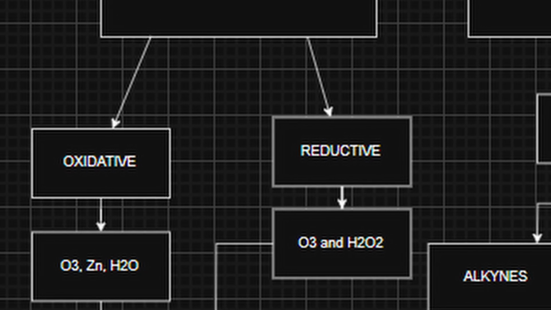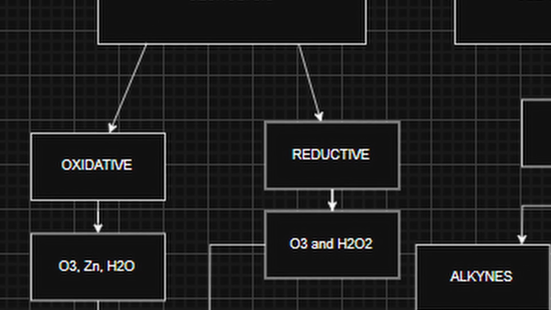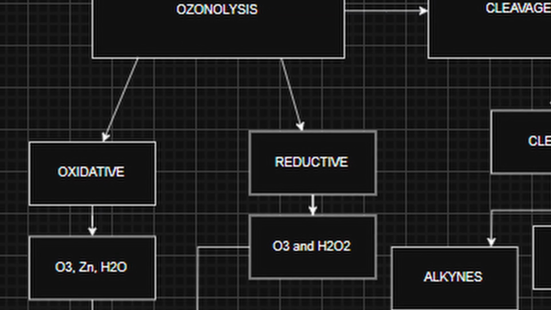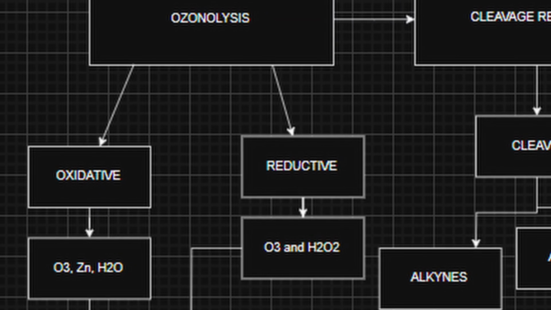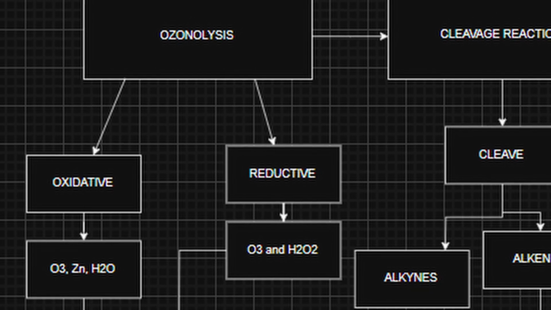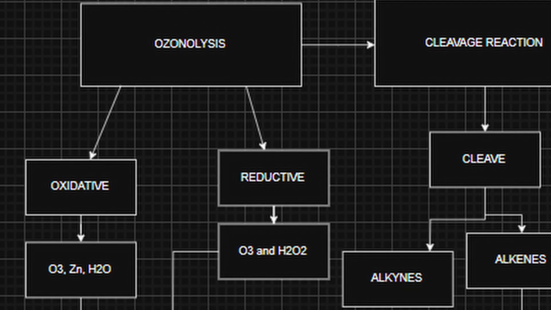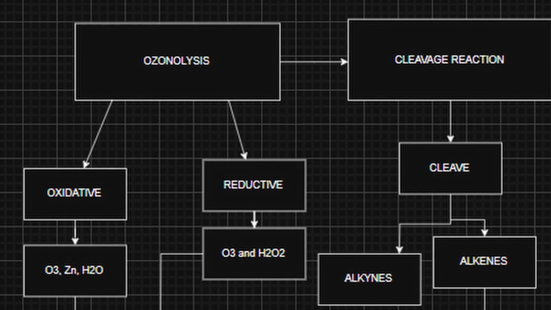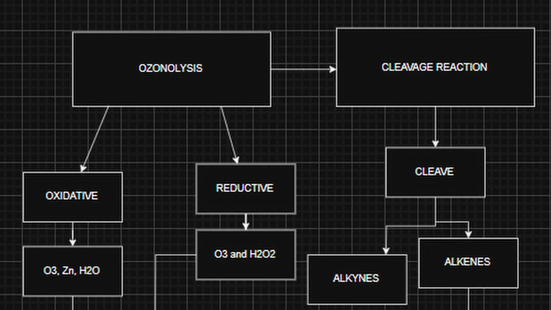For oxidative type, we use ozone and H2O2, that is hydrogen peroxide. We can also just use O3 for the oxidative reaction because the excess of oxygen will do the oxidation on its own. So yeah, that's a cool fact, I guess.